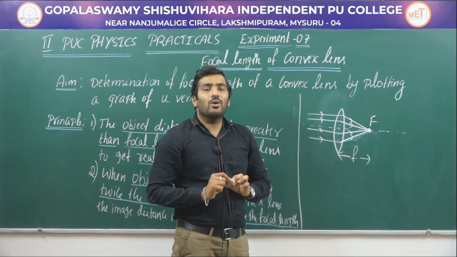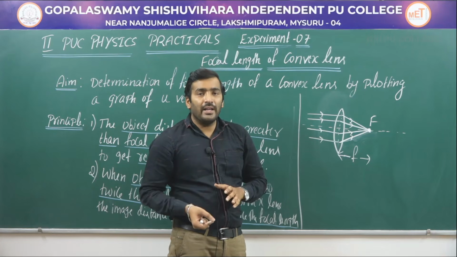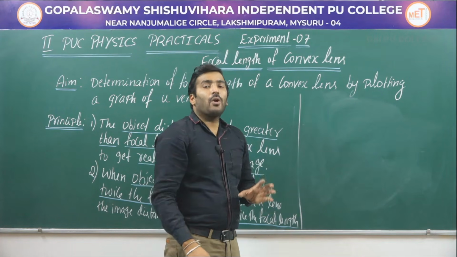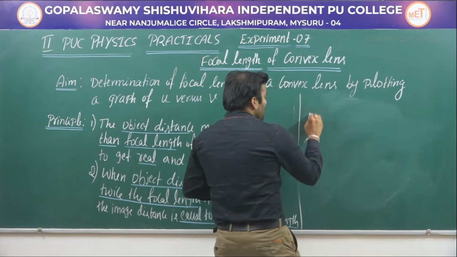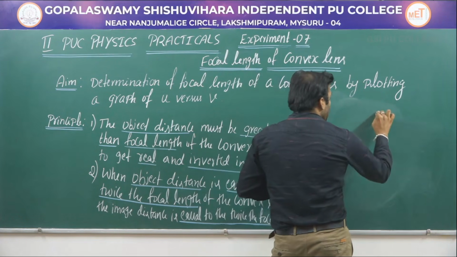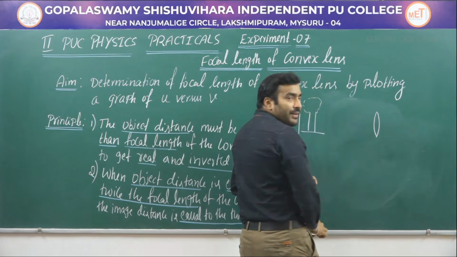First, we need to get the value of the approximate focal length, that is by the distant object method. Now, how do you measure this approximate focal length? Imagine we have a tree here, and somewhere here I have placed a convex lens.